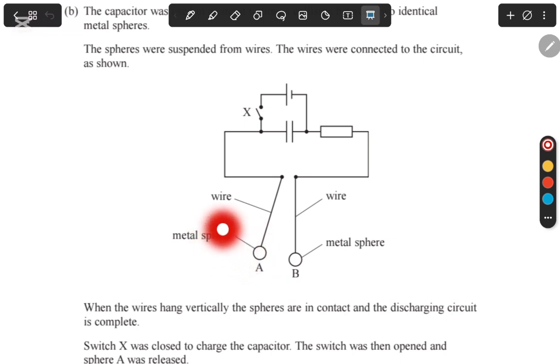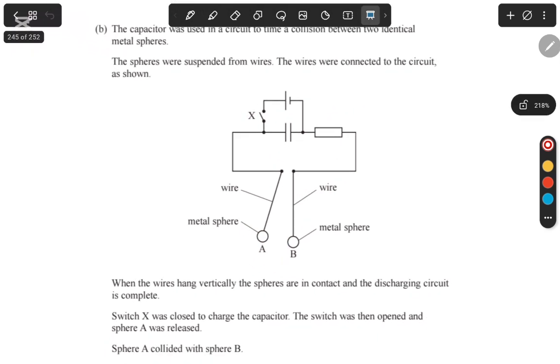When we lift it up, its gravitational potential energy increases, and then when we release it, the sphere A's gravitational potential energy converts into its kinetic energy, and then it comes into contact with sphere B and does work on sphere B, and sphere B gains kinetic energy, and then it moves up and loses the kinetic energy. That kinetic energy converts to gravitational potential energy. So while they're in contact with each other, the capacitor gets a chance to discharge for some time, and that's what's going on here.